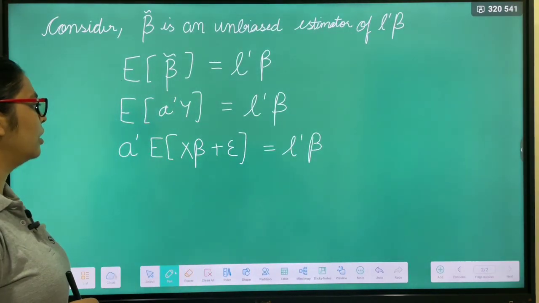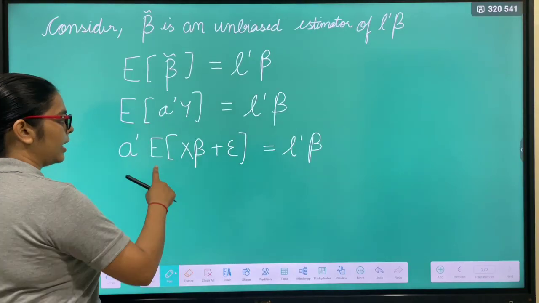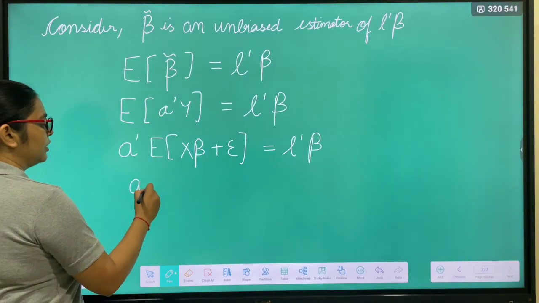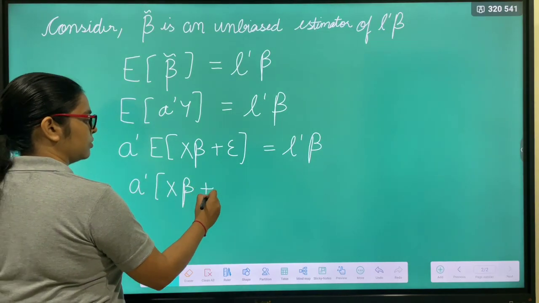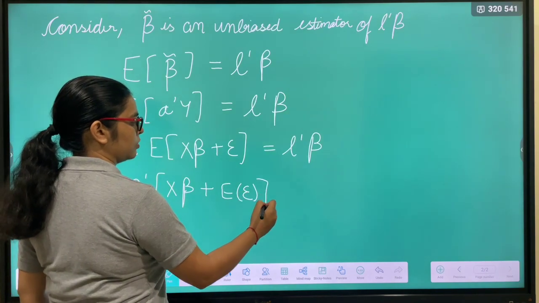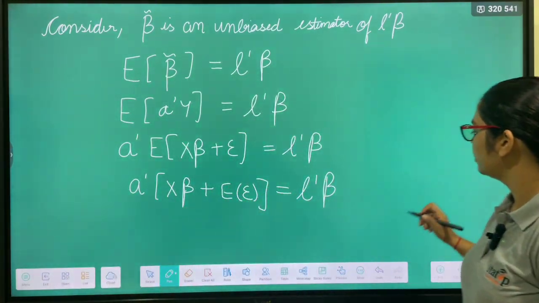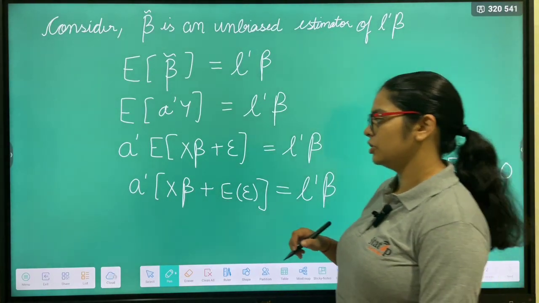Now in this expectation, X and beta are treated as constant, and the expectation goes on epsilon, which is the error term, and we know that the expectation of epsilon is nothing but 0 from Gauss-Markov assumptions.